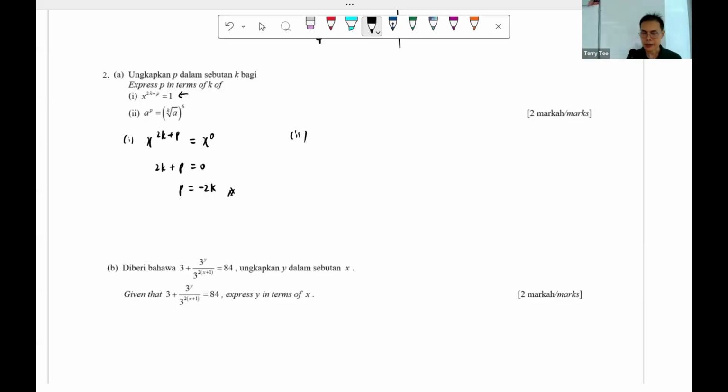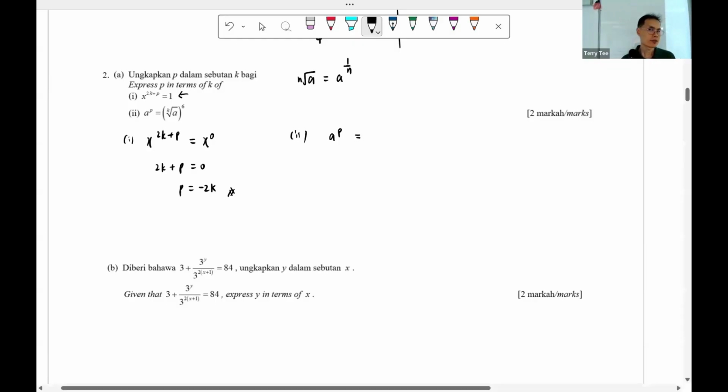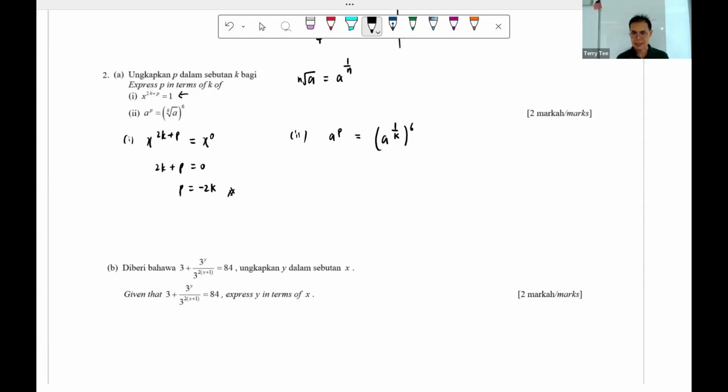Pretty straightforward. Now, second one, you have a different base. Your base is a. On the left-hand side, you cannot do anything. a power p, we leave it as it is. But the right-hand side, number one, root. I hope you all know this. The n-th root of a is a power 1 over n. So we can change this to a power 1 over k and the entire thing power 6.